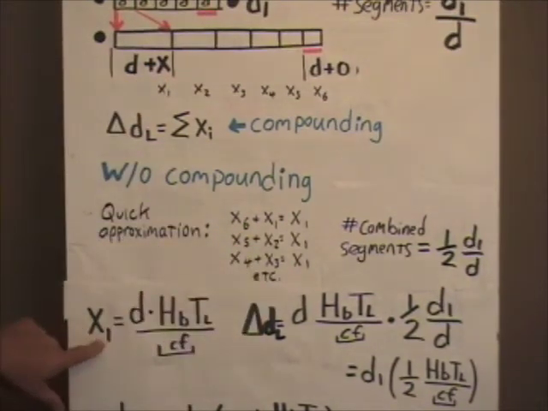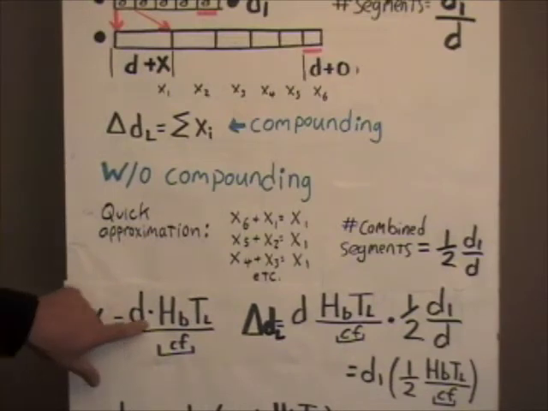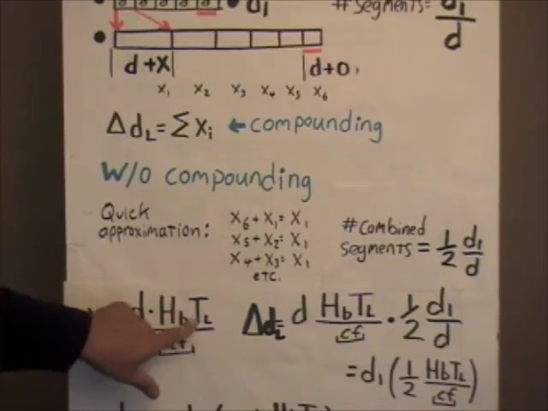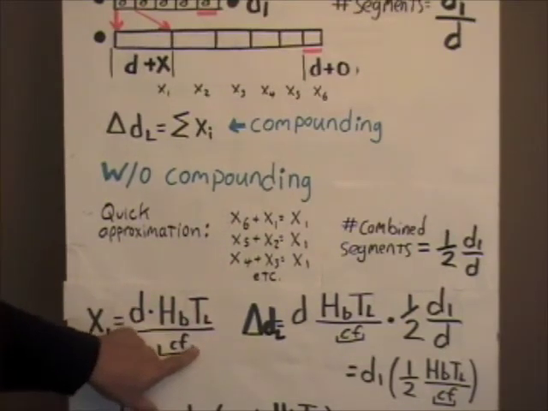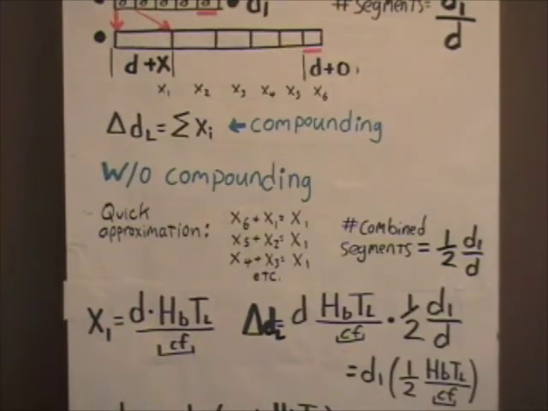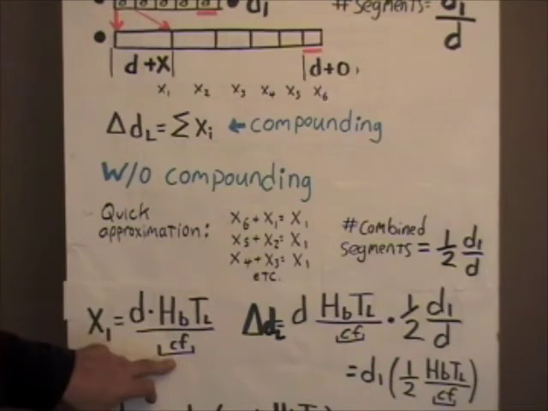Well, the length of x1, expanded length, is simply going to be d times the blended Hubble value times the time that light was traveling, all divided by CF. And that is exactly the same as we found in the segment finding dn.